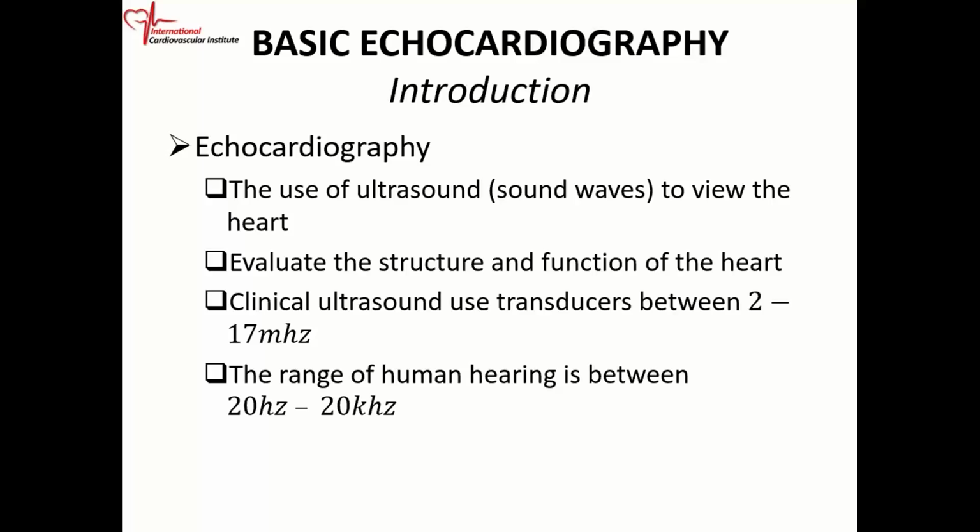So anything above 20,000 hertz is called ultrasound, because this is the regular sound frequency that humans can hear. So when we say ultrasound, it's a frequency greater than this 20 kilohertz. Kilo means 1,000, so it's 20,000 hertz.